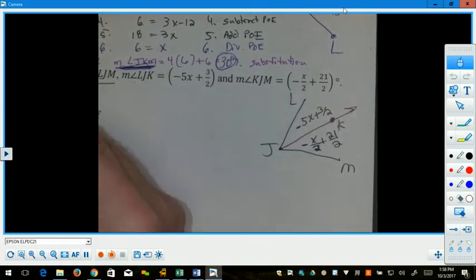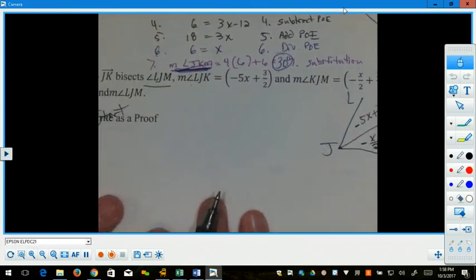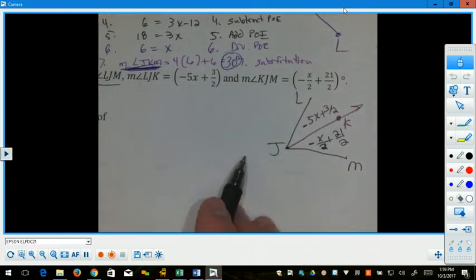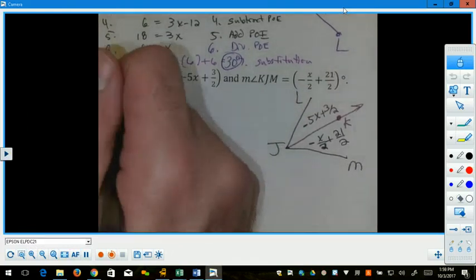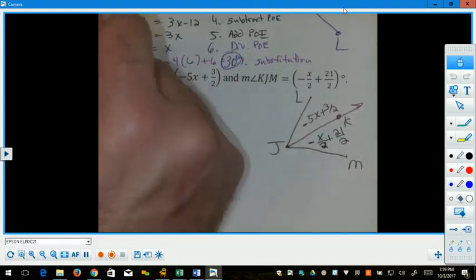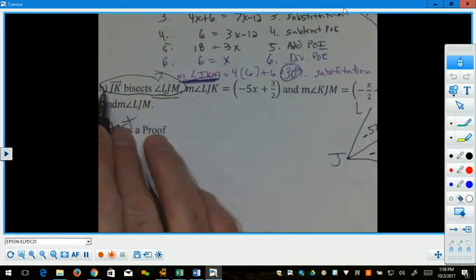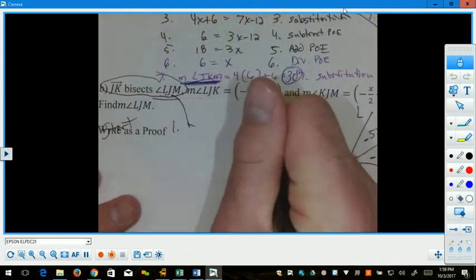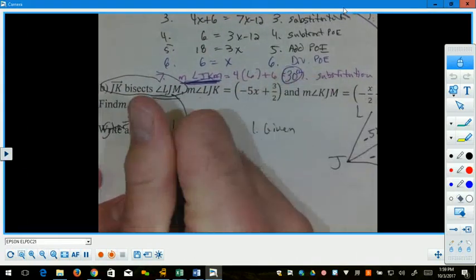We're not going to write it. We're going to start it as a proof. We're going to change the directions to start as a proof so that we set it up the right way, but I know you know how to justify your algebra reasons, so I'm going to leave it alone for now. So starting this as a proof, I would start by saying, hey, they said that JK bisects LJM. So that's the given.